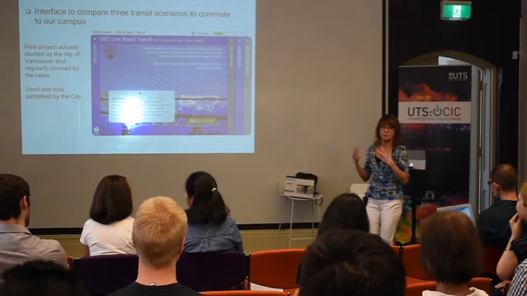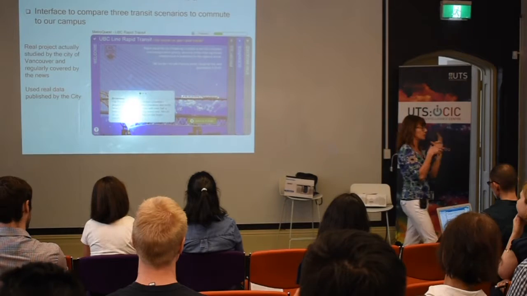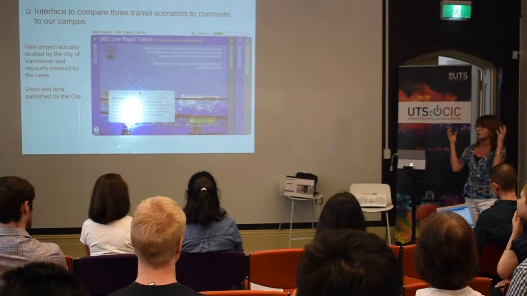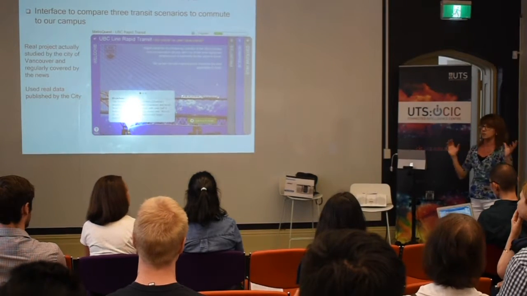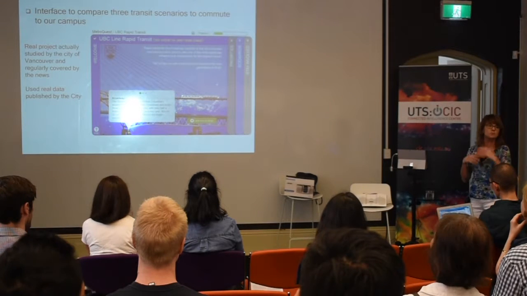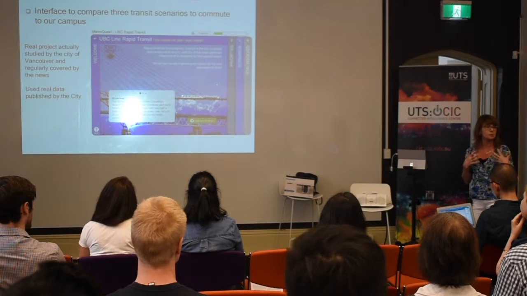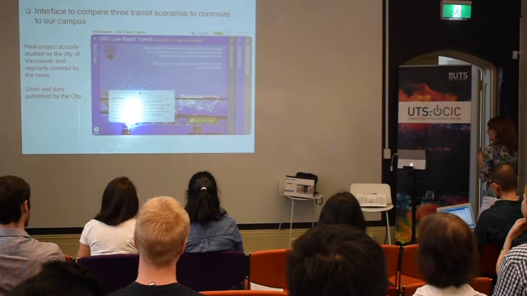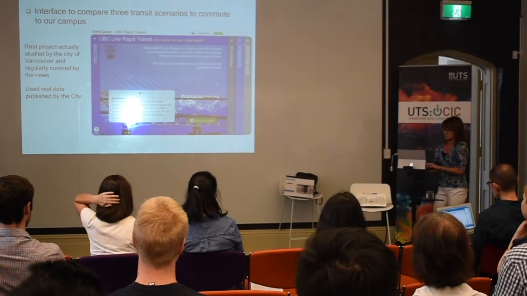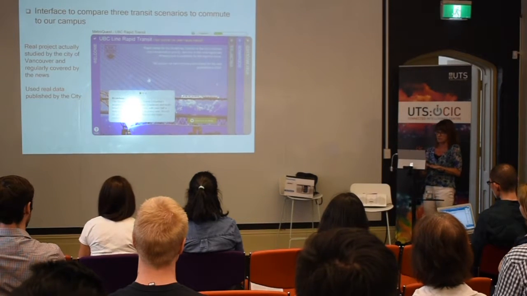So there is a big debate on how to improve transportation, and there are 3 different alternatives that have been discussed forever. Things that have been discussed in the news, big controversies. So it's something that people are really sort of like aware of. And I'm just gonna play this.